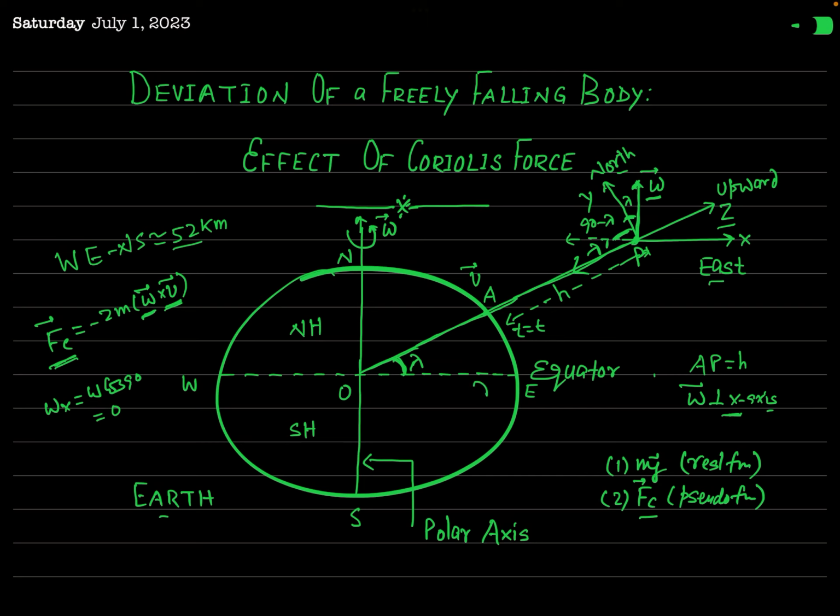In other words, the latitude of a place lying on the equator or just above the equator is equal to 0. On the other hand, if you are talking about a place or point which is on the poles, either on the north pole or on the south pole, then this lambda will become 90 degrees. Or you can say that when our point lies on the polar axis, then this lambda will be equal to 90 degrees.